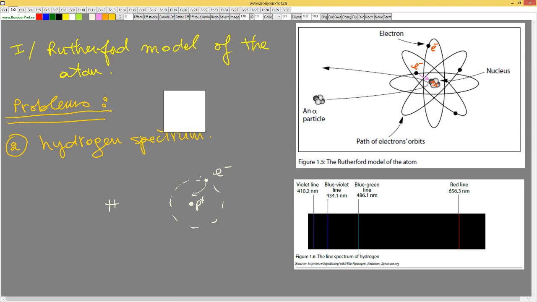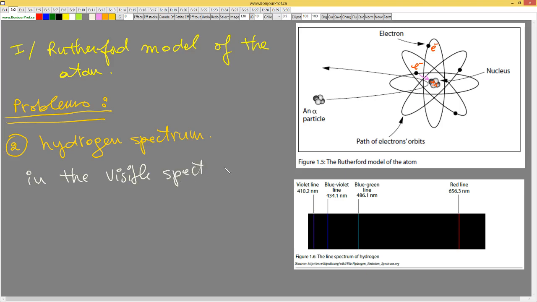The hydrogen spectrum. I'm going to write here the hydrogen spectrum in the visible spectrum. Hydrogen emits only 4 colors.